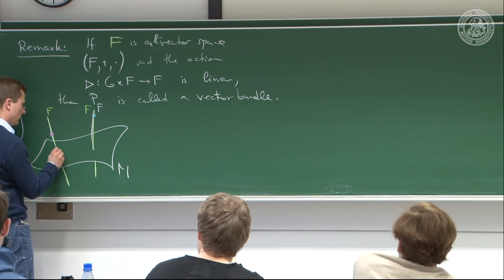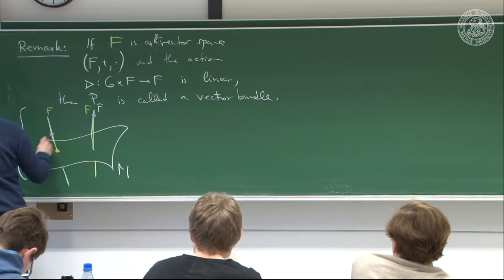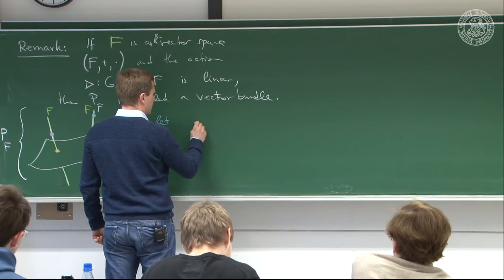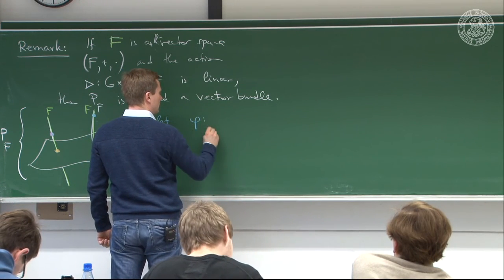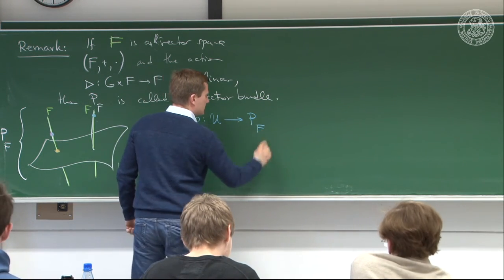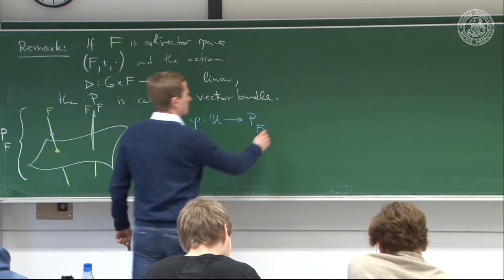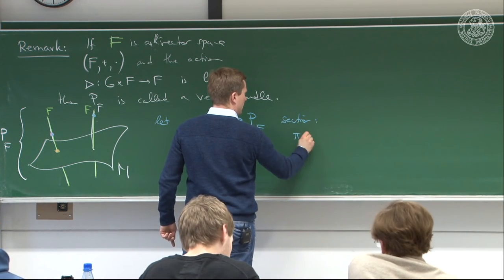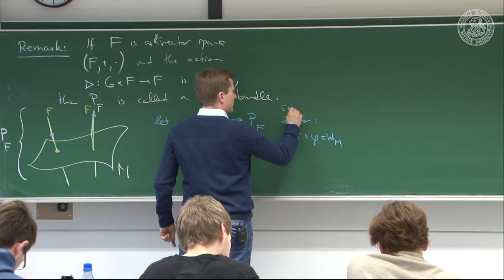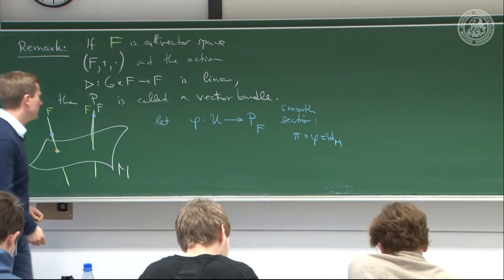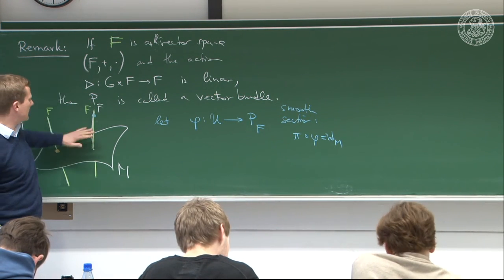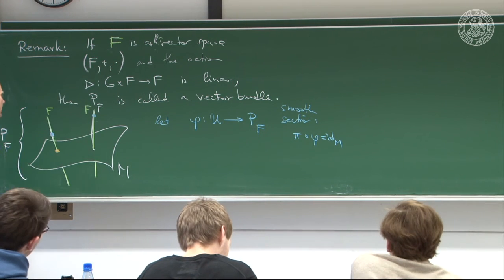If you now want to know how this, say, blue section, so let phi be a section, a local section on this vector bundle, so that pi after phi is the identity on M, and let this be a smooth section, then we can think of this phi as a vector-valued field, but not tangent-vector valued, rather an F-valued field.